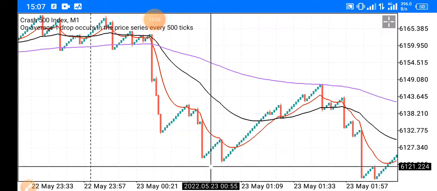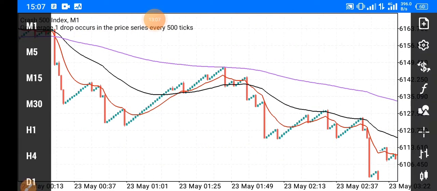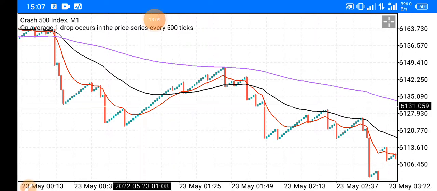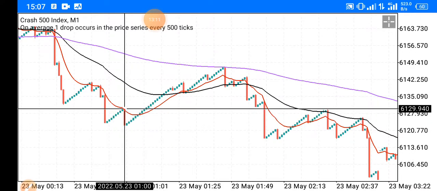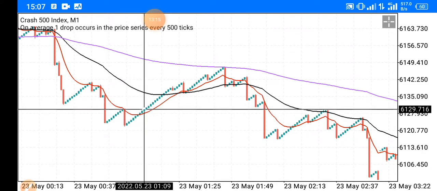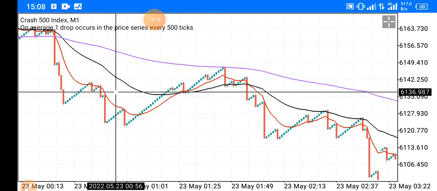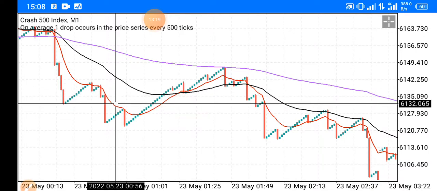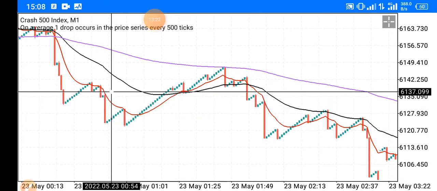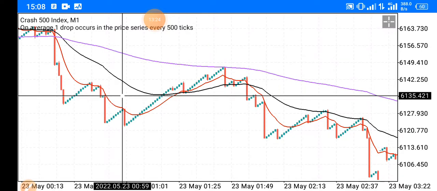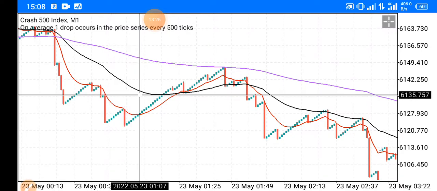It would have hit our TP. It would have spiked right away, and then right here we would have entered our position. Although this probably would have hit our break even. So when the candles spike, when a spike occurs, we move our stop loss to break even, so that we prevent a loss.